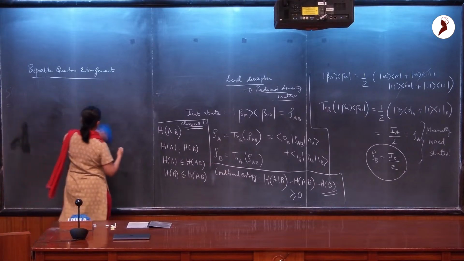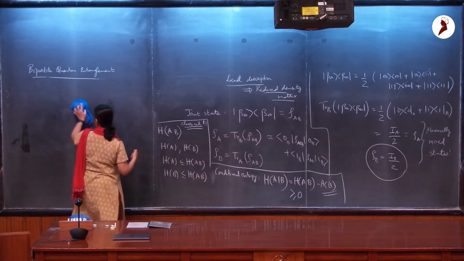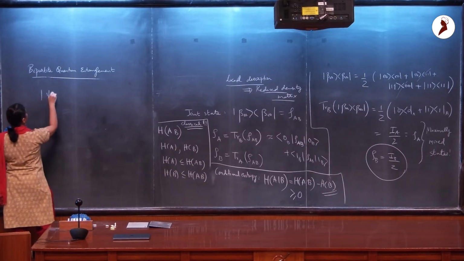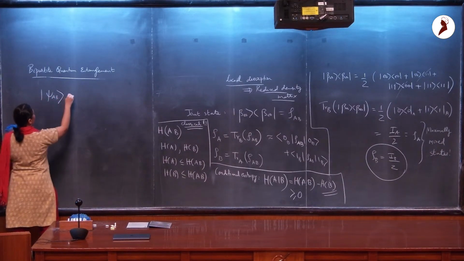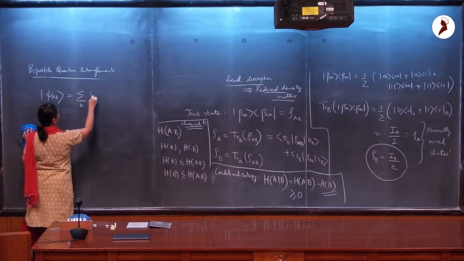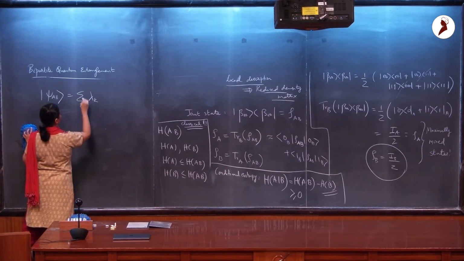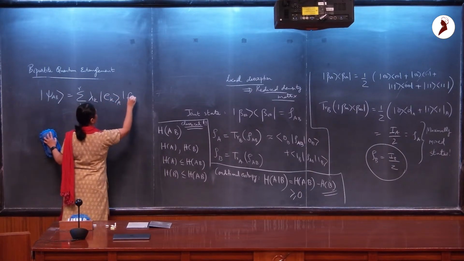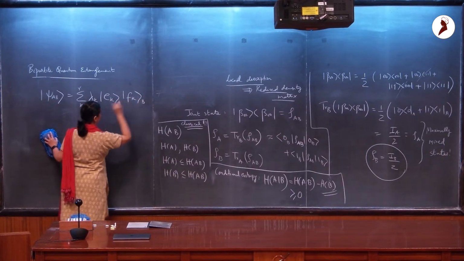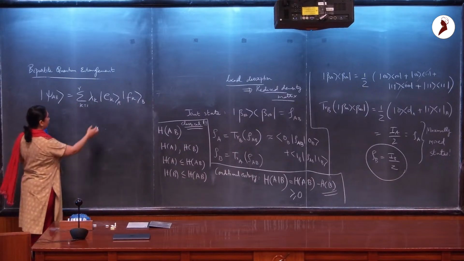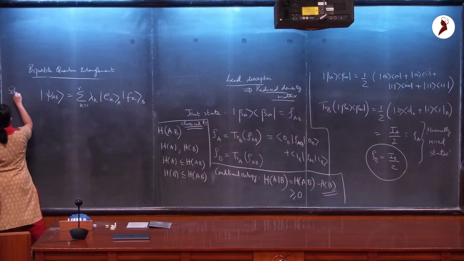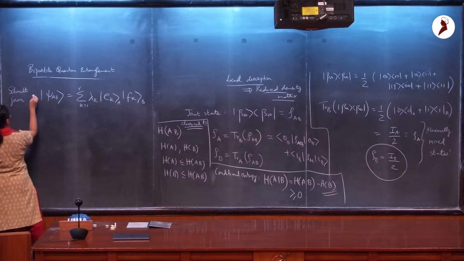Remember we said last evening that every bipartite state can be written in this so-called Schmidt form, okay? So there always exist these local bases such that you can write down any bipartite state in this form.